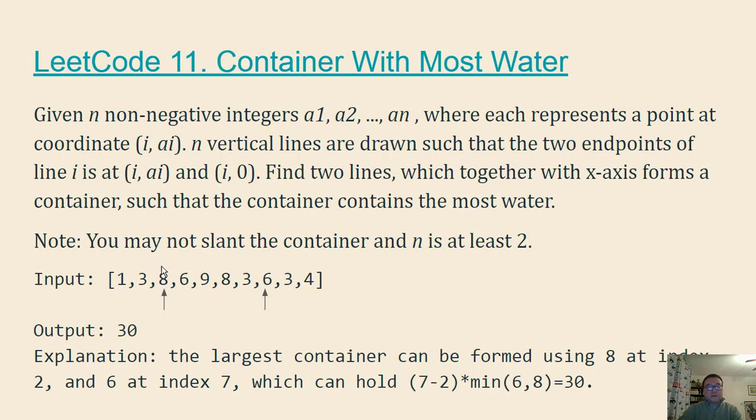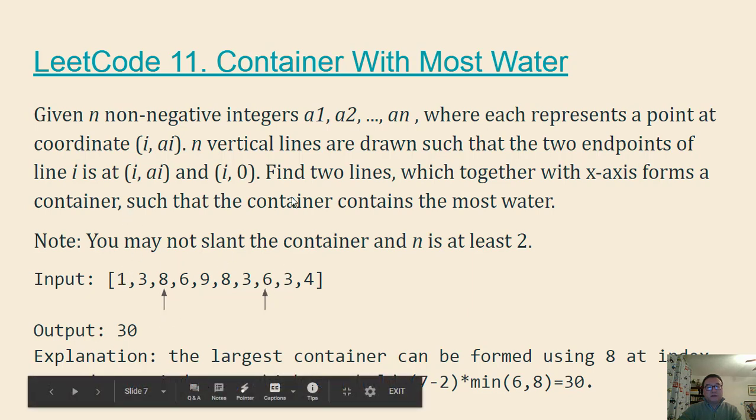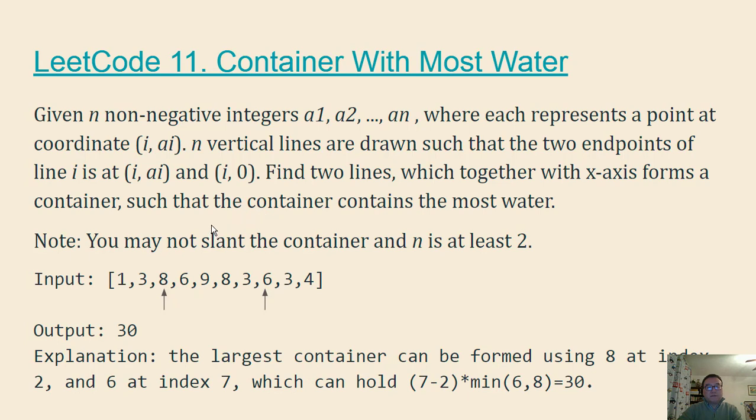So this has height 8, this has height 6, so that means we can use 6, and the distance between them is 1, 2, 3, 4, 5. So this container can hold 5 times 6, 30.